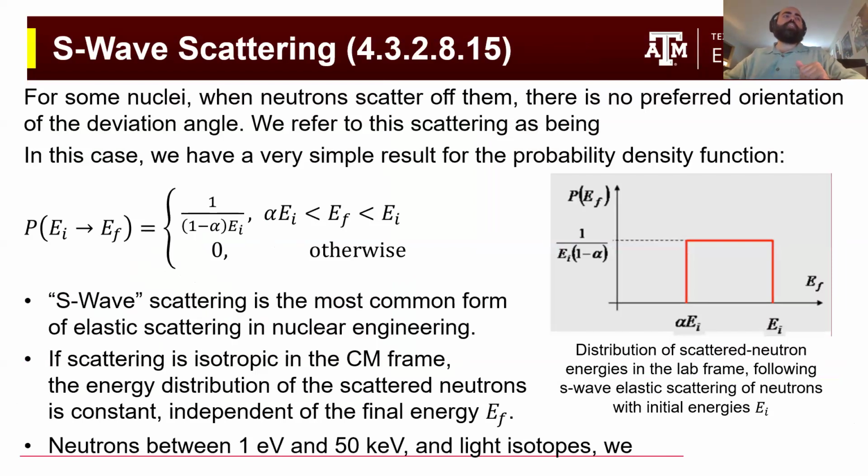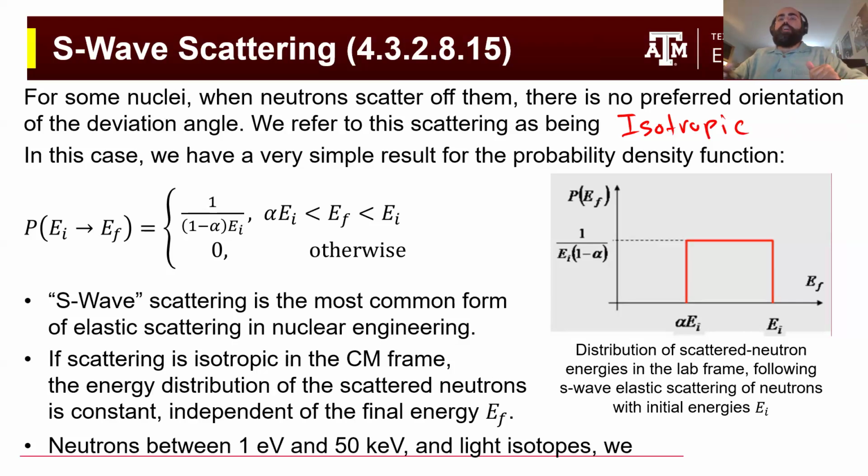If something is an S wave scatterer, that means the scattering is isotropic. That means there's no preferred orientation of the neutrons that get scattered off. There's an equal chance of them having a given angle after the scatter.